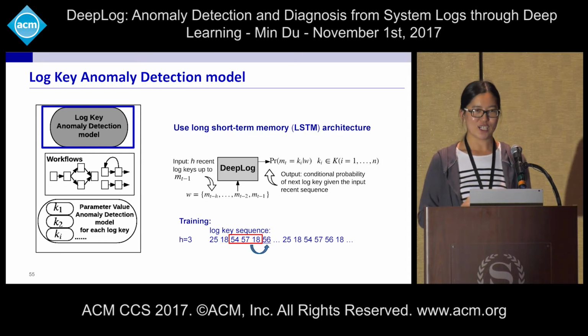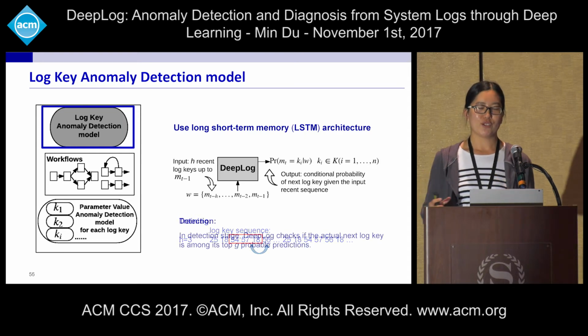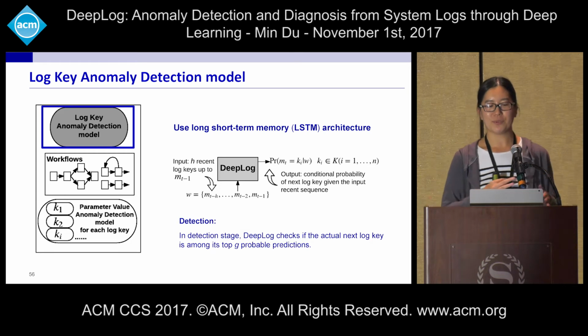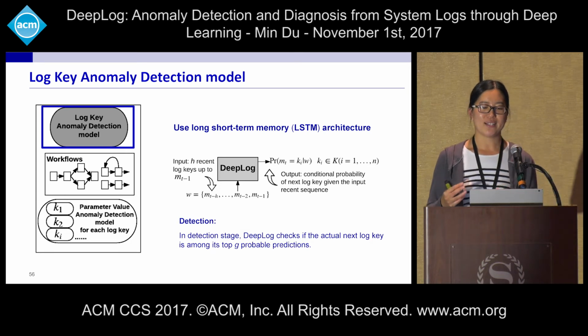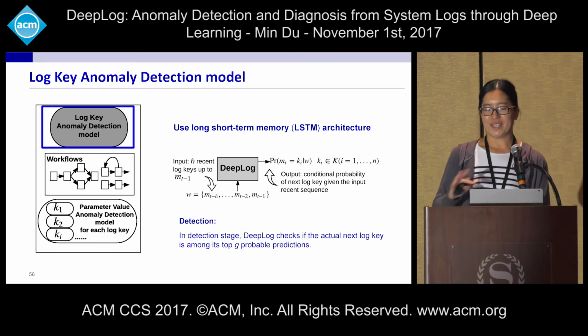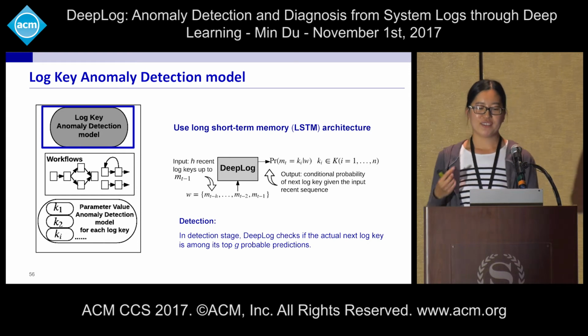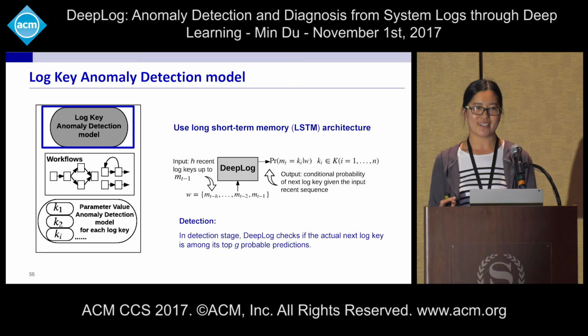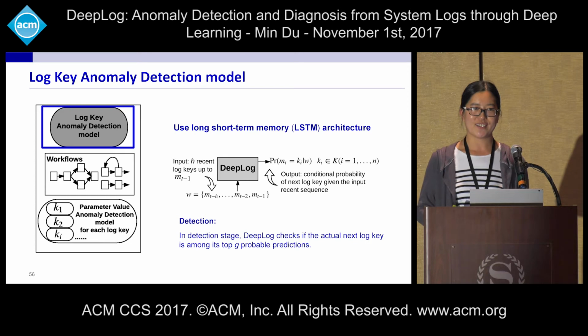And in the detection stage, now we have a trained model, and we input the actual history sequence as the input of this model. The output is a probability distribution of all possible log keys to appear. For example, if you have 100 source code statements that print out log messages, then all possible log keys to appear are just 100.